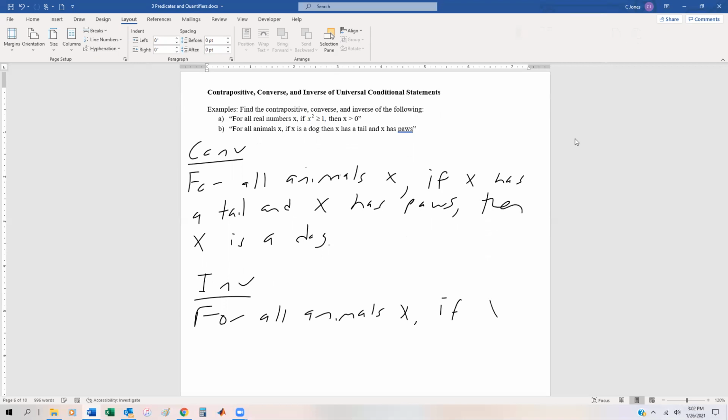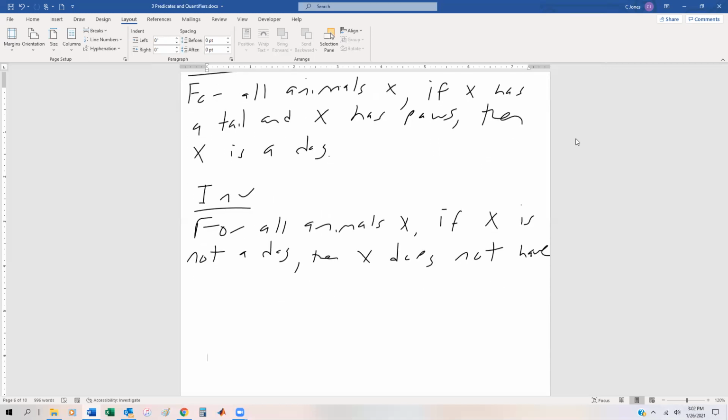So if x is not a dog, then x does not have a tail and x does not have paws. This is almost correct. The only thing that unfortunately makes it incorrect is that we forgot to change one word in here.